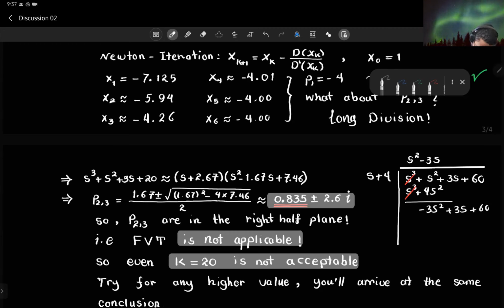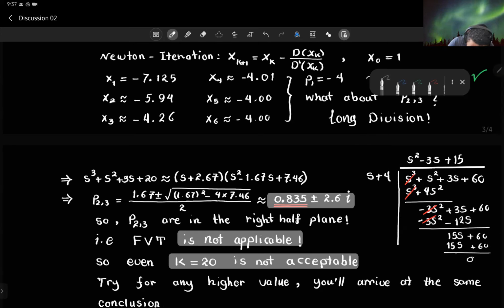Negative 3s minus, so you get negative 3s, right? So this is again negative 3s squared, negative 12s. So this cancels, and you get 15s plus 60. Again, you divide by that, you get 15. So you get 15s plus 60.